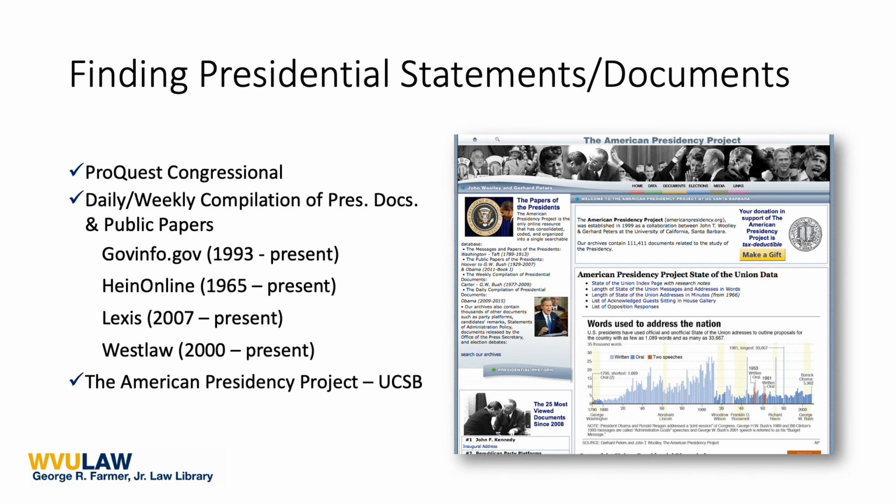Presidential documents are available in all the usual places: ProQuest Congressional, GovInfo, HeinOnline, Lexis, and Westlaw. There's one final source for presidential documents that I like to recommend, and that's the American Presidency Project. It's hosted by UC Santa Barbara, and it takes all of the publicly available presidential documents and adds some context and color and some things like FDR's fireside chats, for example.